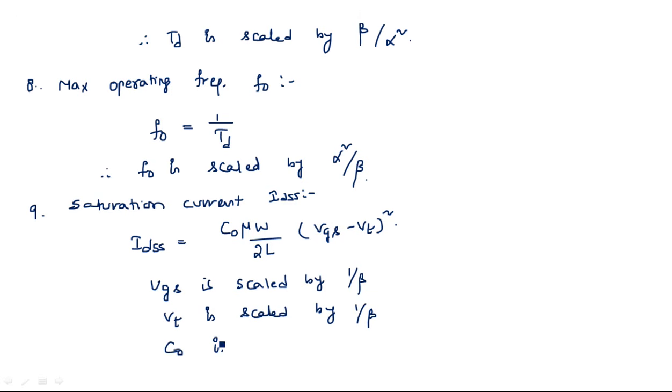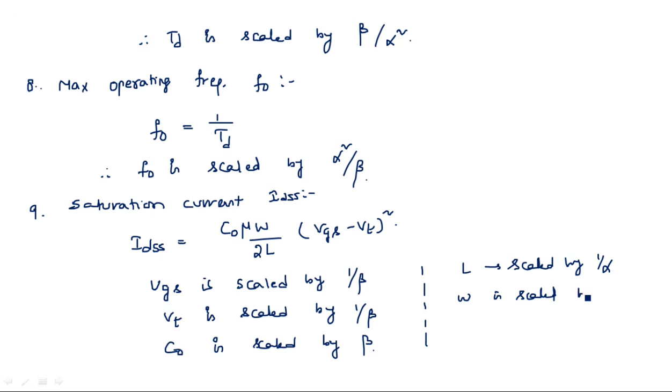And coming to this C0, C0 is scaled by beta, that we have calculated in the previous calculations, and length is scaled by 1 by alpha, and W is scaled by 1 by alpha. So 1 by alpha, 1 by alpha, W by L, that is cancelled.